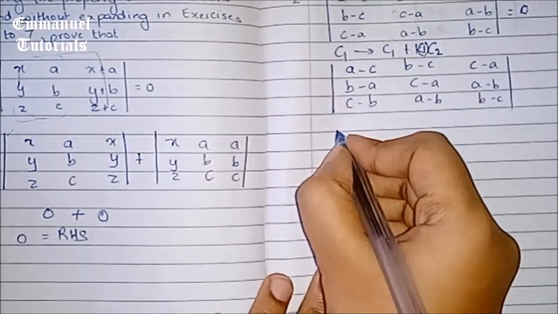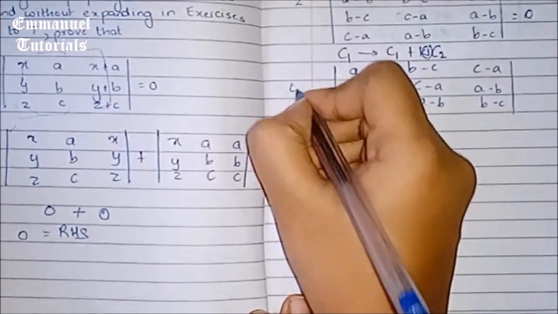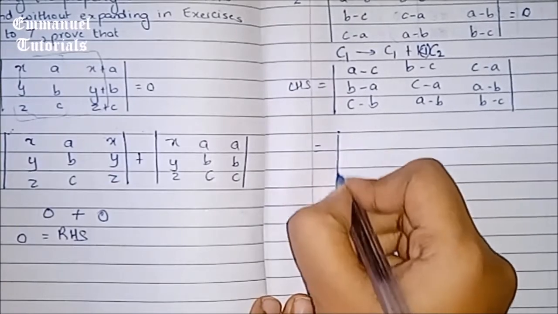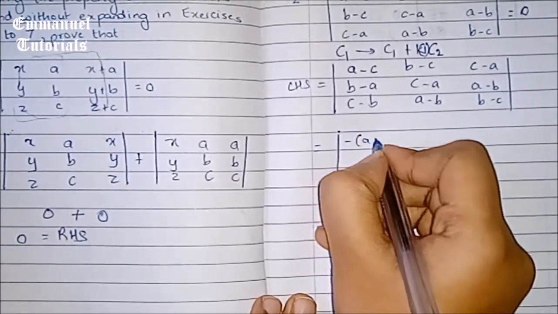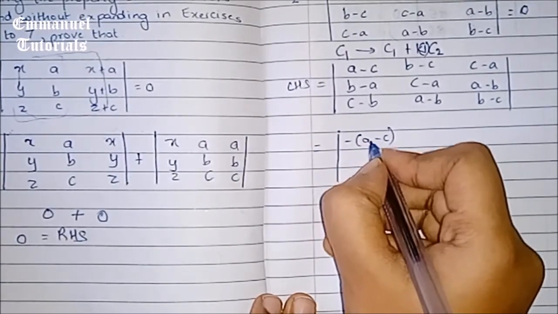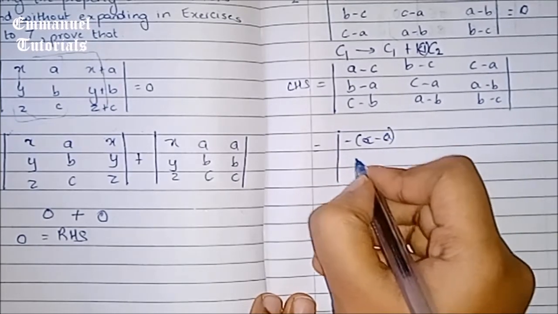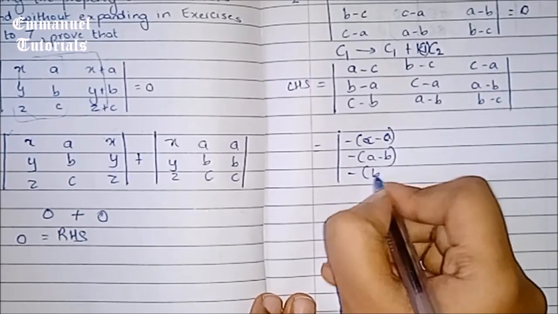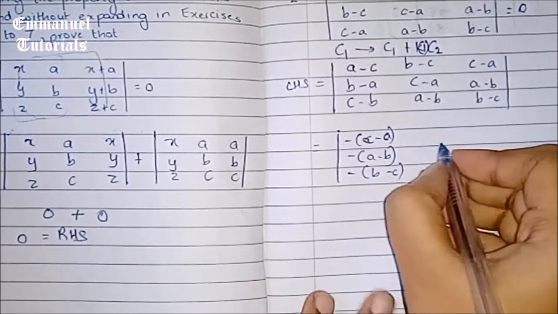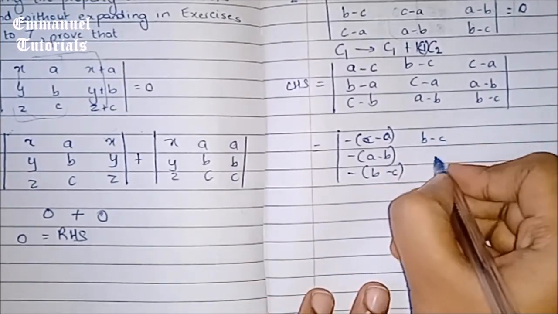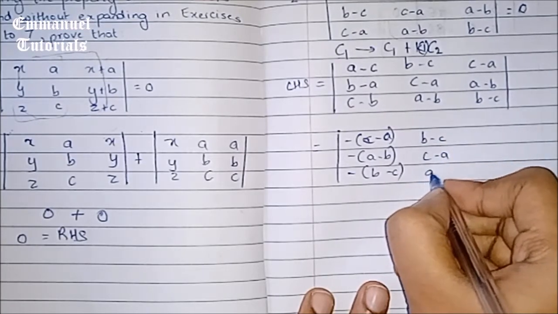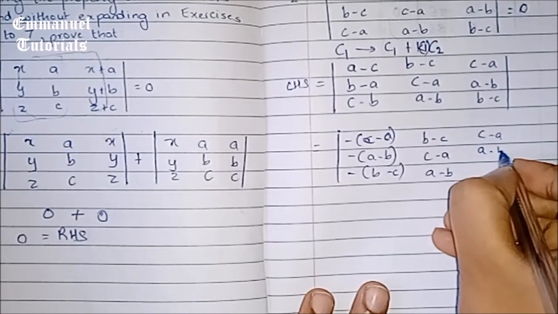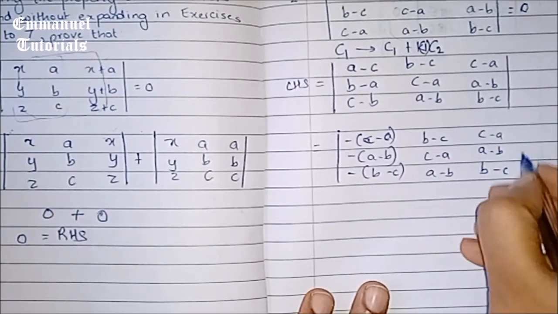So what we'll do is, this is going to be equal to minus A minus C, C minus A minus A minus B minus B minus C. B minus C, C minus A minus B, C minus A minus B, B minus C.